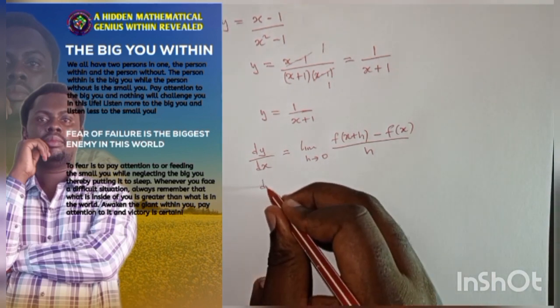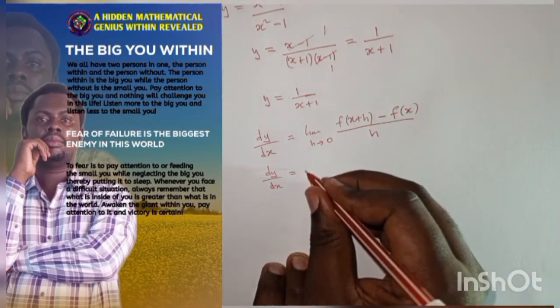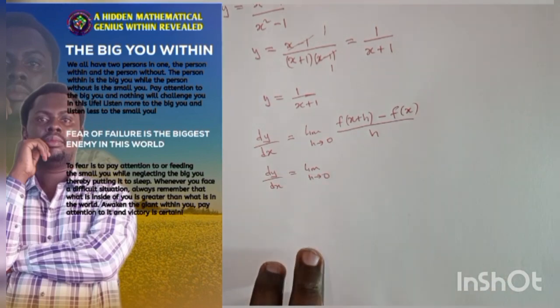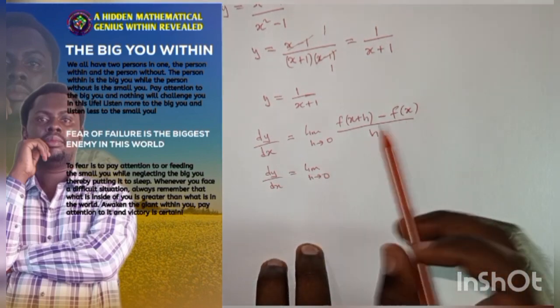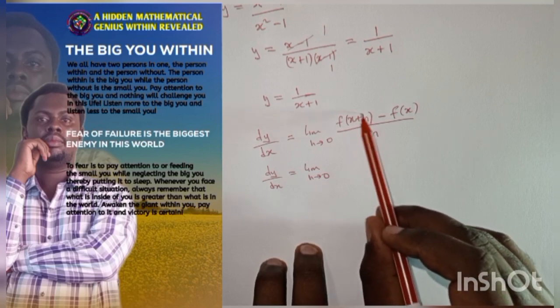So dy/dx is equal to the limit as h approaches 0 of, first, where there is x we put x plus h.